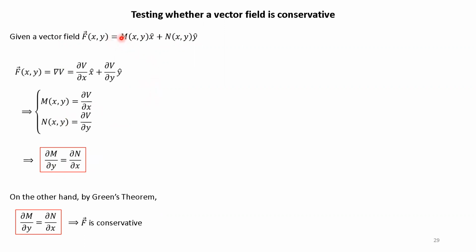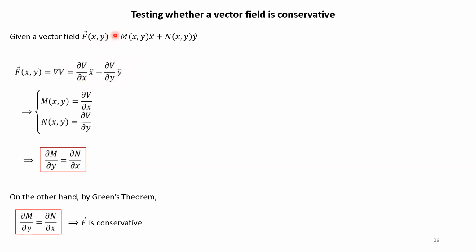So suppose this is the vector field that I give you, again M and N for the x and y components. If this field can indeed be expressed as the gradient of a function v, then this field has to be able to be written in this form.